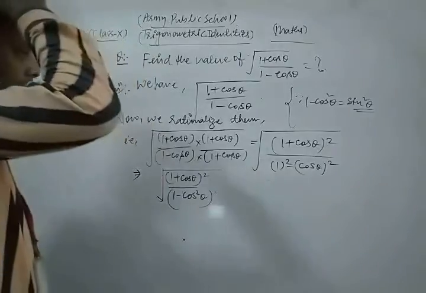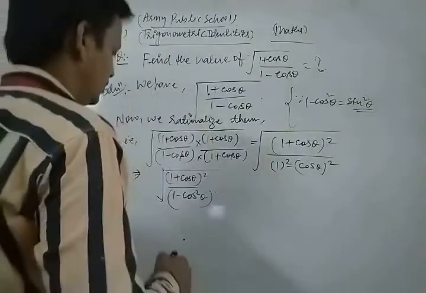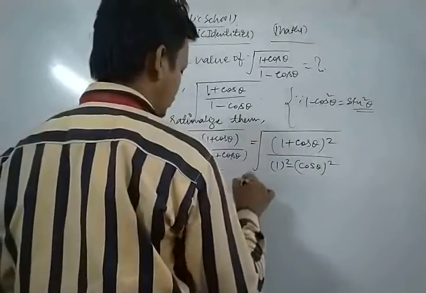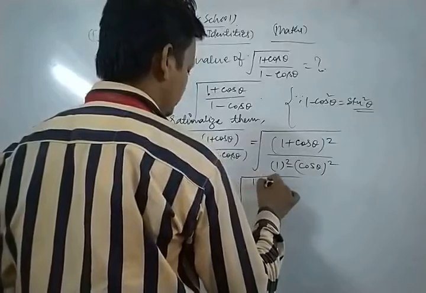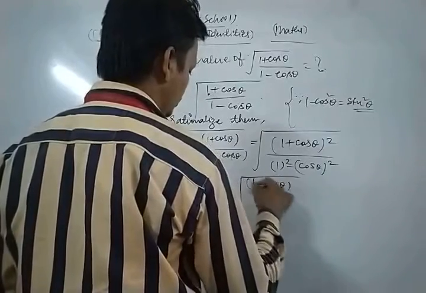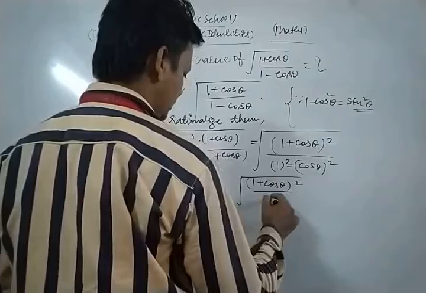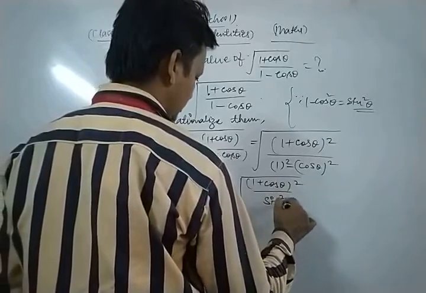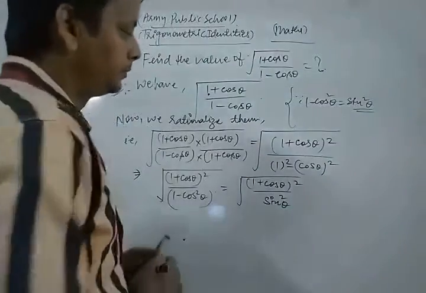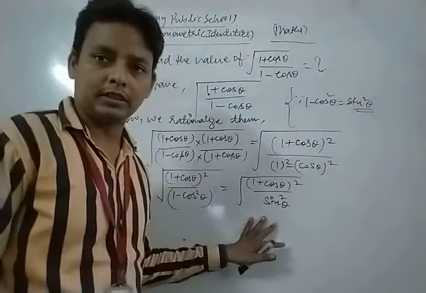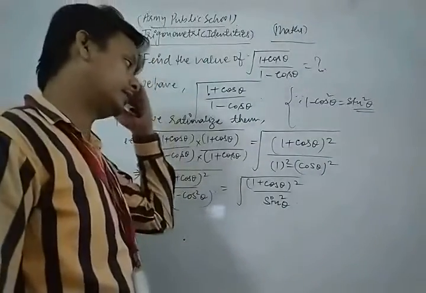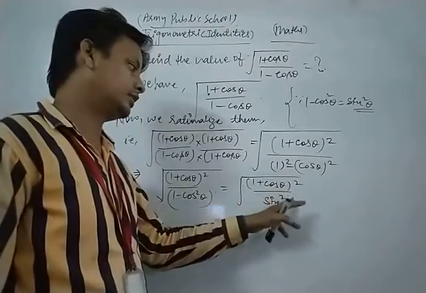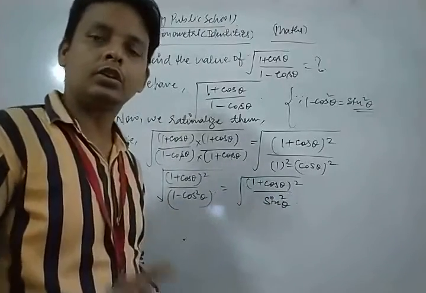So here we can write the square root of (1 plus cos theta) whole square upon sin square theta. Dear students, now this is a square and this is also a square, so we take them out of the square root.